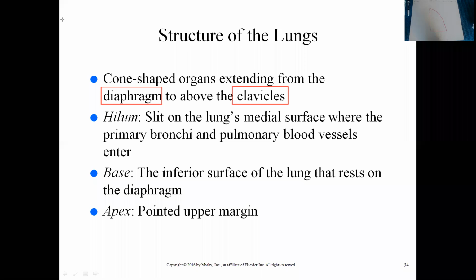Base on an organ does not necessarily mean bottom. Base on an organ means the widest part. So in the lung, in this case, the bottom is the base because it's the widest part.